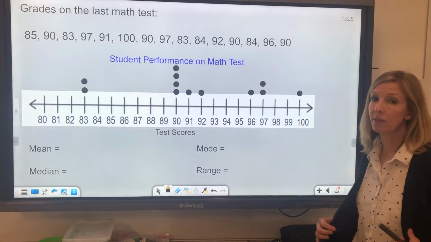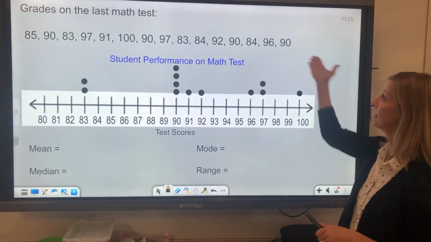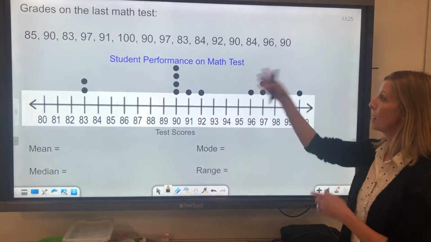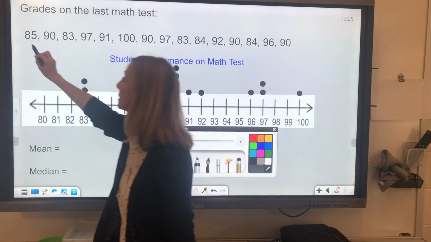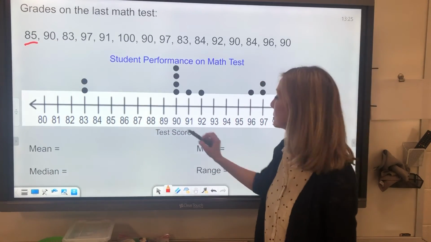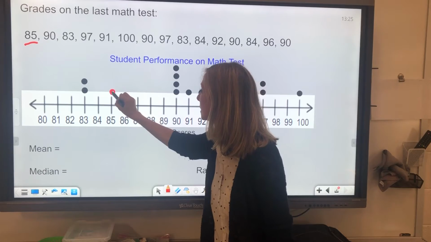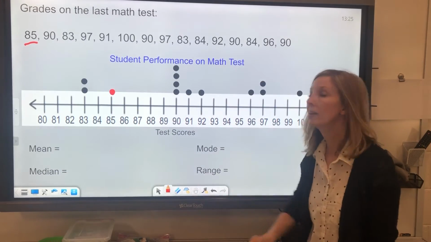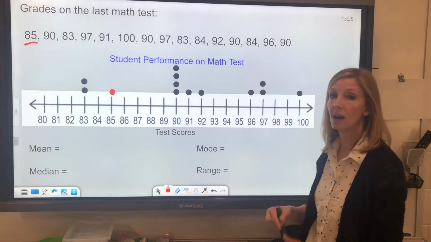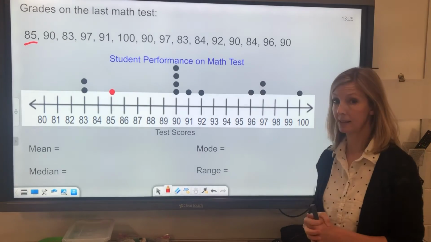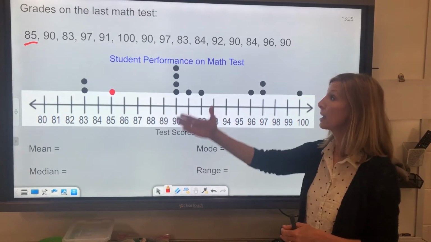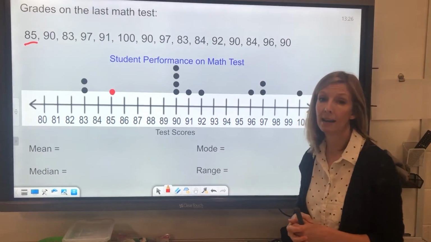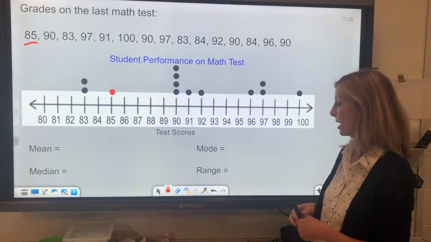Okay, grades on the last math test. So you have a data set up here. You make your points. So for example, the first number I see in my data set is 85, so I would simply put a dot above the 85. And I've actually gone ahead and filled in all the dots from our data set on our dot plot here. All right, so to find the mean, again, I would add up all the numbers in my data set, or all the numbers where I see dots.